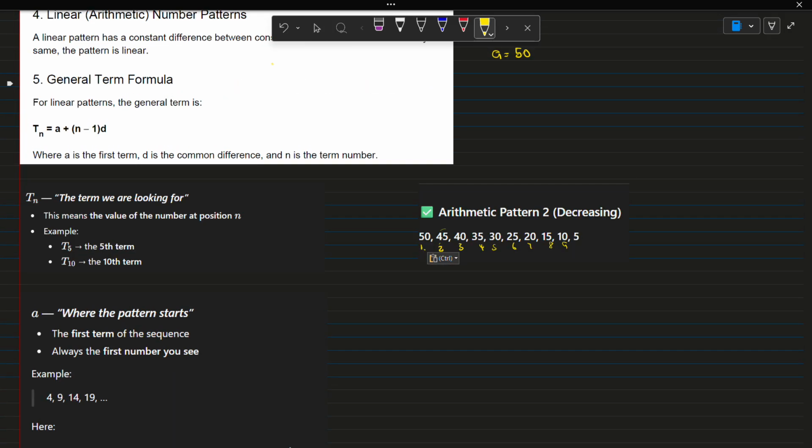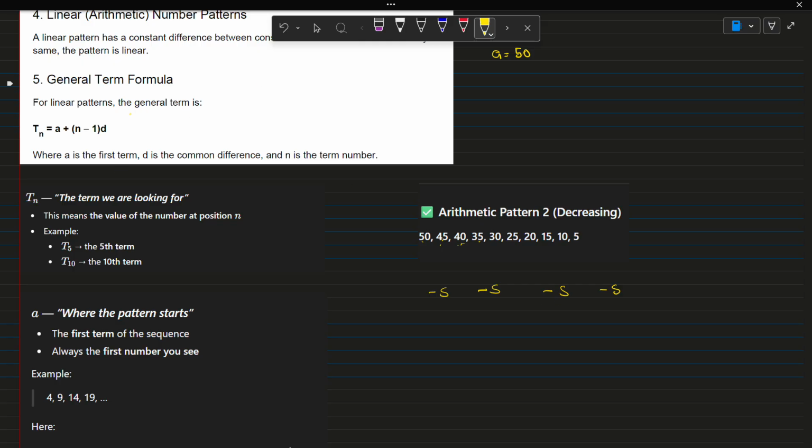The difference is the same. 45 minus 50 is negative 5. 40 minus 45 is negative 5. 35 minus 40 is negative 5. The difference between two terms is always negative 5. That's how you conclude that this is an arithmetic number pattern.